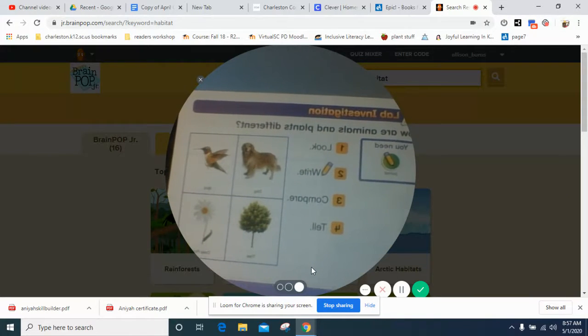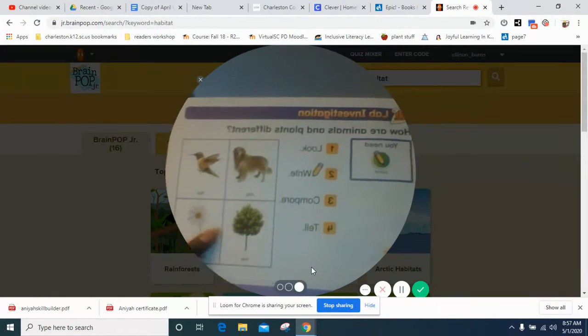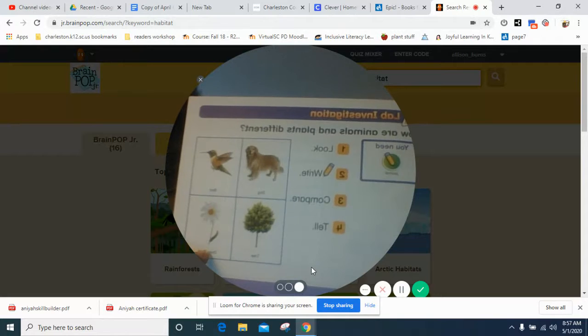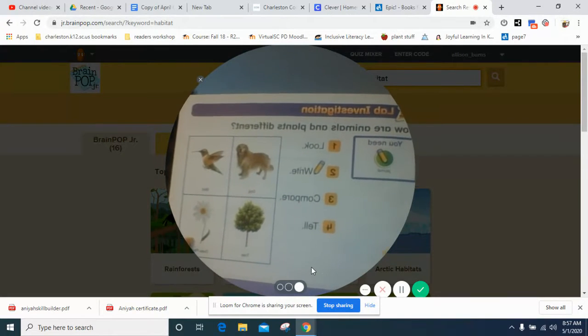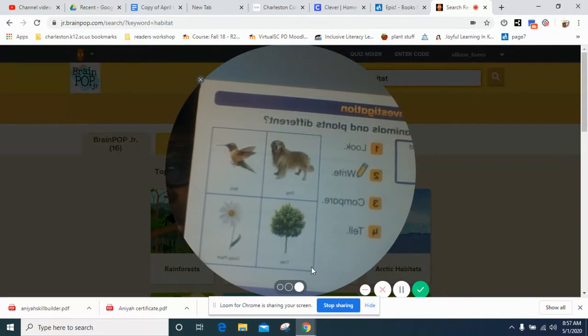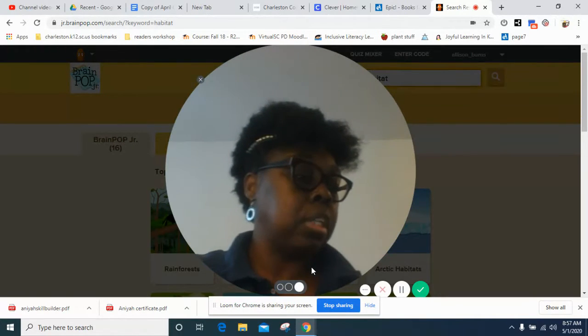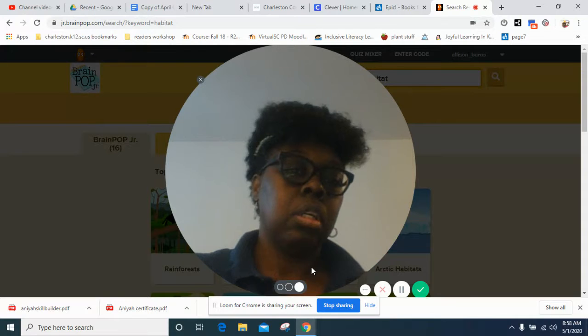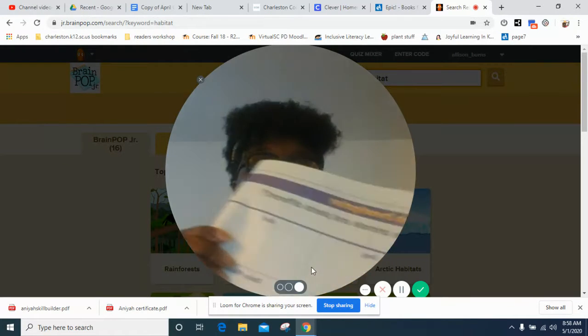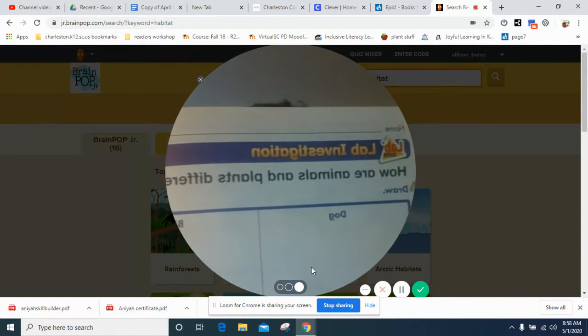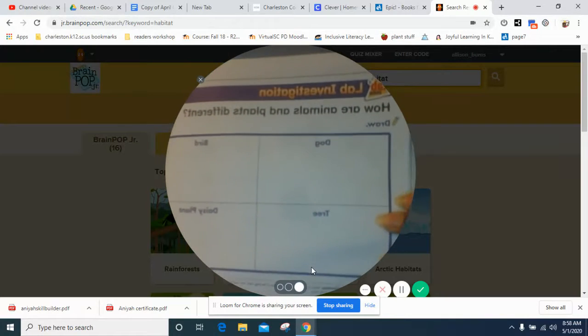How are animals and plants different? And so you look at the pictures, you write, you compare, and then you tell. And this could be done in their journal. How are they alike? How are they different? That's what it says. And then there's a chart that they can use in the back to do their writing.